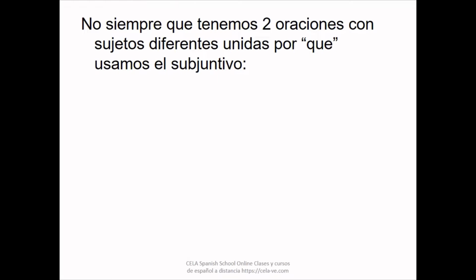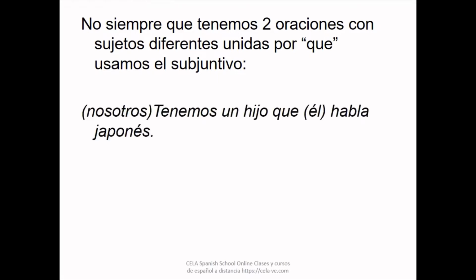Well, as we already said, not always when there are two different subjects joined by que, we will use the subjuntivo. For example, here, tenemos un hijo que habla japonés. The subject of the first sentence is nosotros, and the subject of the second sentence, un hijo.